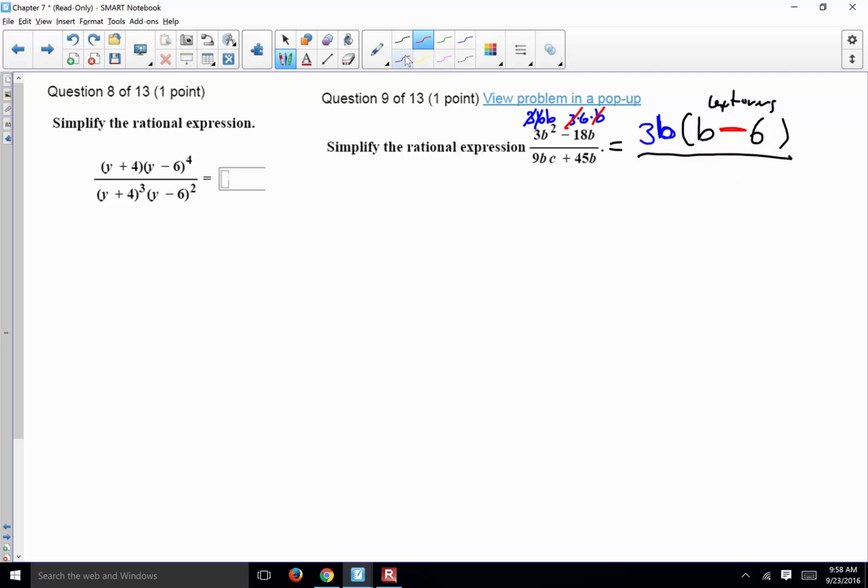Alright, next. What's common in this group? 9 and B. Look, 9 is here already. 45 has that 9 as well. 45 is 9 times 5. So I can borrow 1 9 out of these guys. But not only 9, but also B is common in both spots.